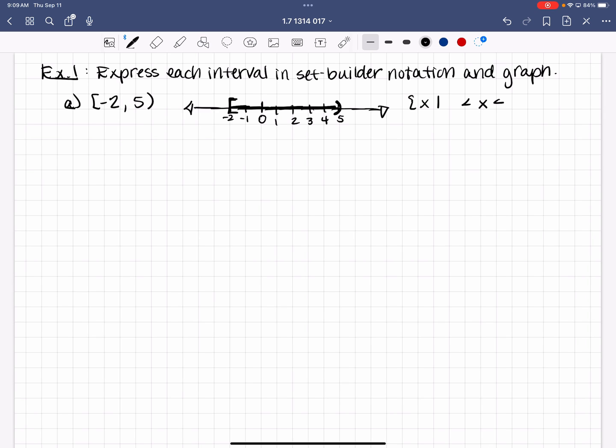Now you just have to figure out if it's going to stay less than, or if it's going to turn into less than or equal to. Put your numbers, -2 to 5. Now, is it equal to -2 or is it just greater than -2? It's equal to. Put your line. 5, is it closed bracket or parentheses? It's parentheses, so I leave it just with the less than.